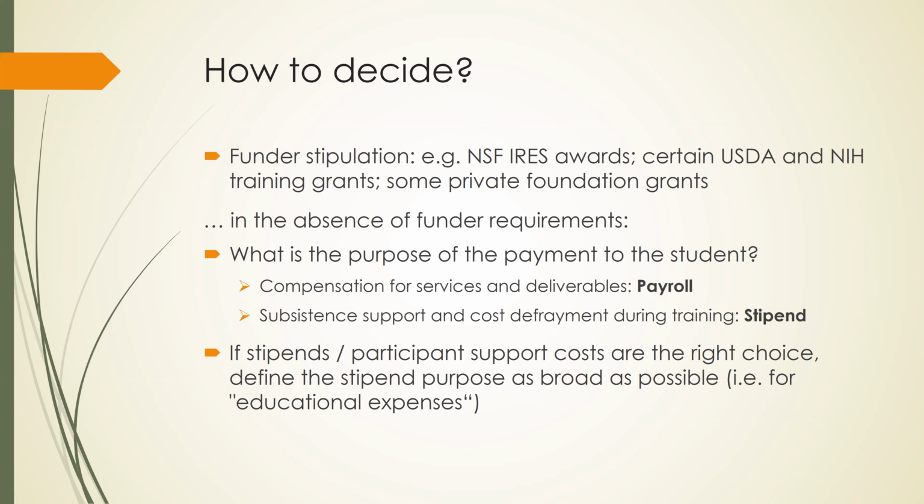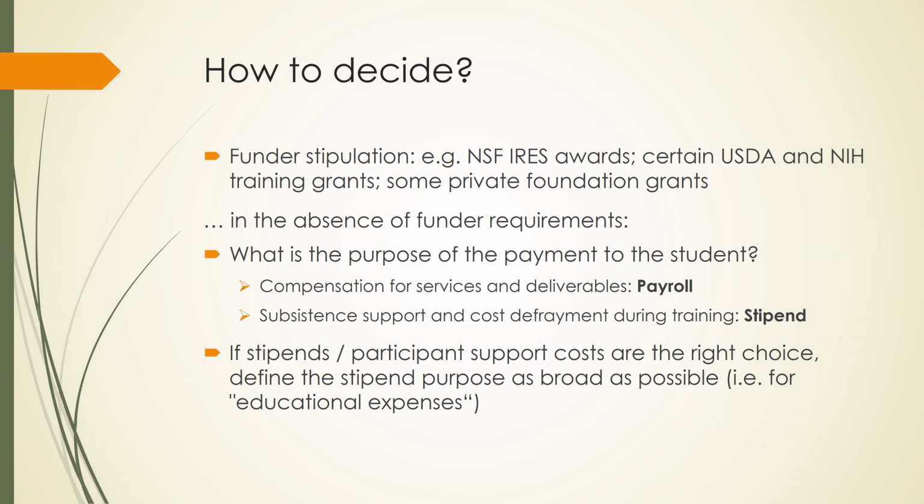So with all this information in hand, how do we decide whether in a specific situation, on a specific grant, for a specific type of project, whether a student should be paid payroll or whether a student should be paid stipends? So the first thing we need to look at, as initially discussed, is the funder stipulation.